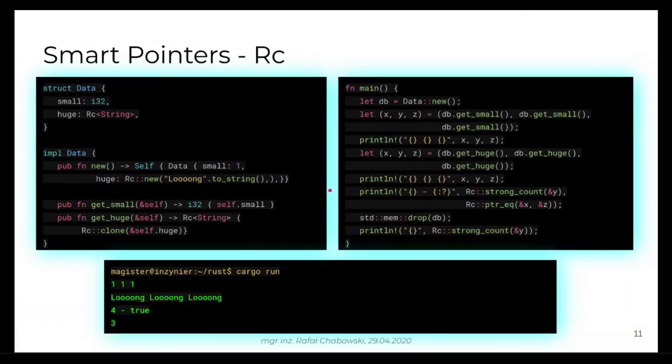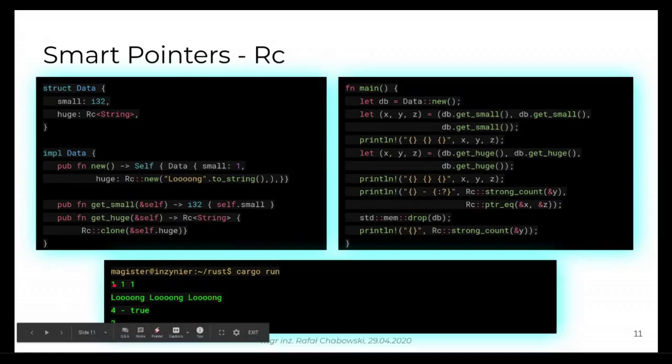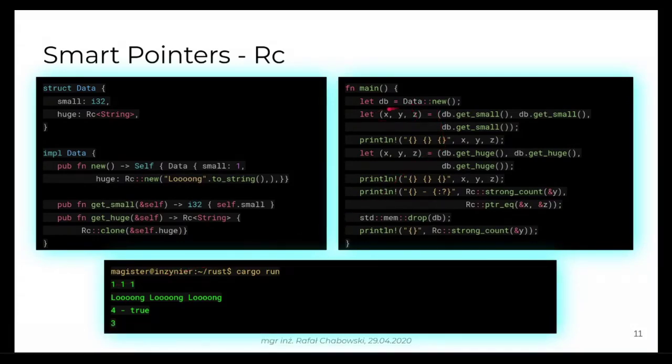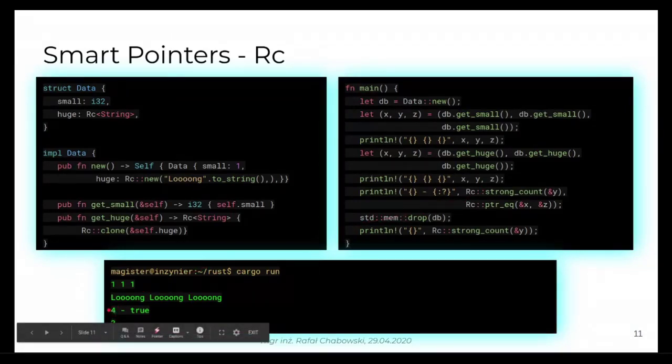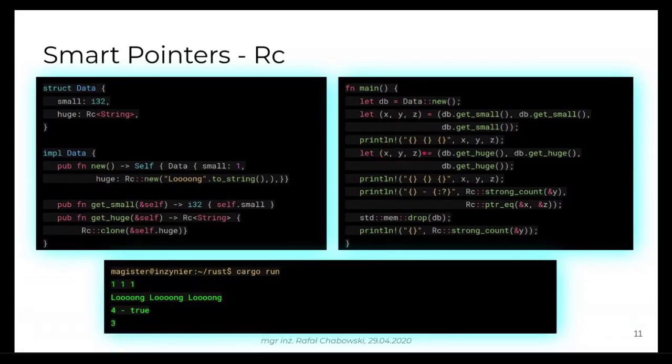But the difference is that these 3 guys have their own copy of the data, and this only has a reference. Here we can also investigate some debug data. For example, if we check the strong count for this reference, we see that there are actually 4 of them. One is here inside the database, and another 3 are here.